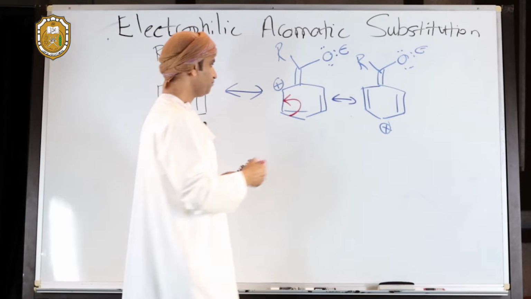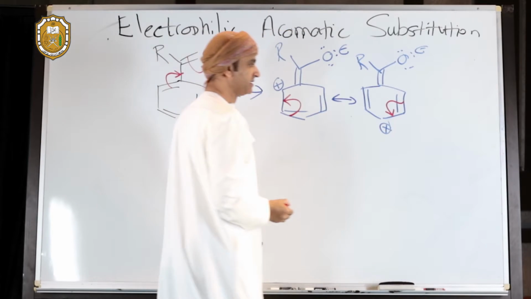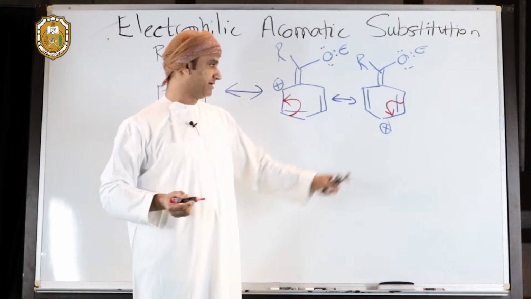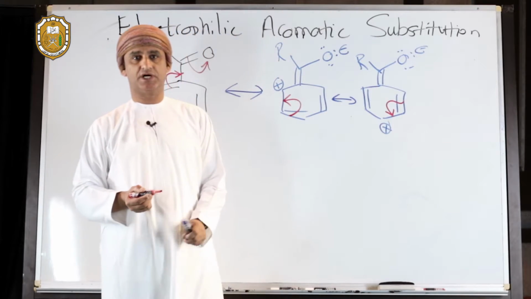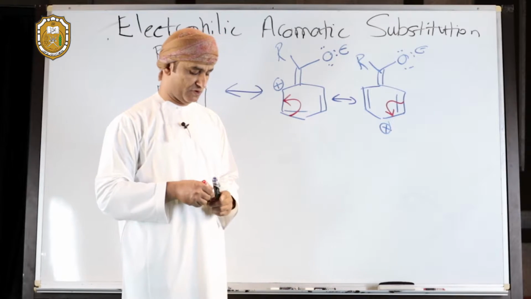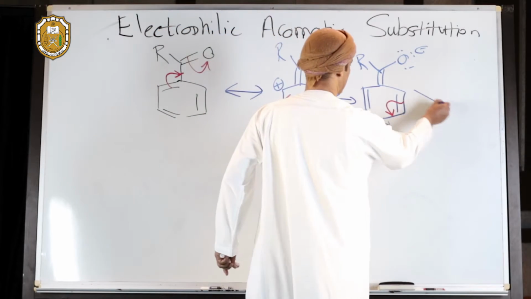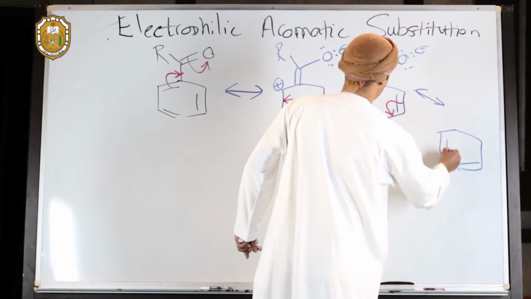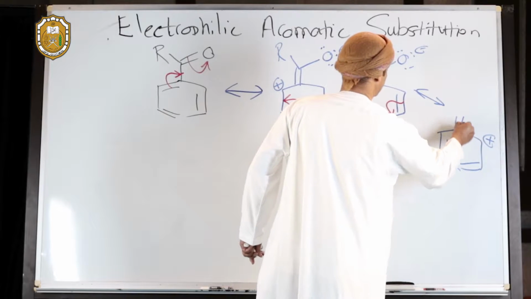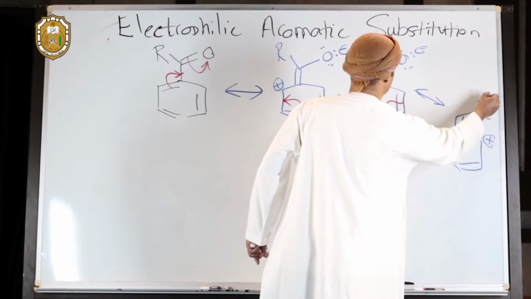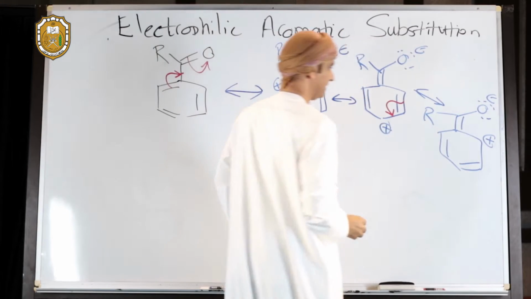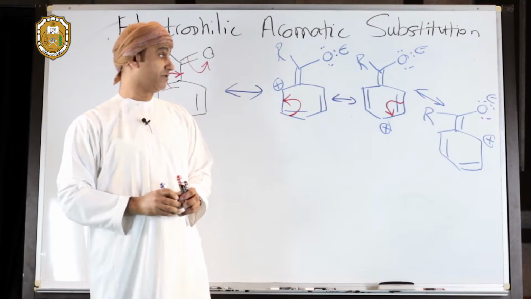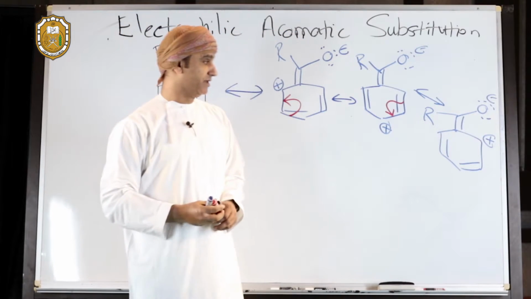You can continue to get another resonance form by breaking that carbon-carbon double bond, and now making a double bond between that carbon and the positively charged carbon on this form. If we do that, we get an additional one. So that resonance form is therefore obtained, that form that has a positive charge on this carbon.